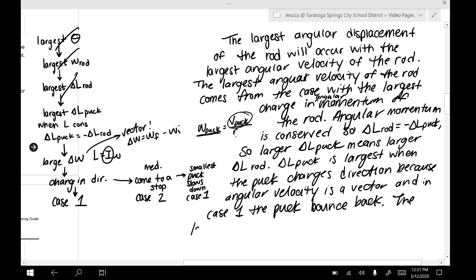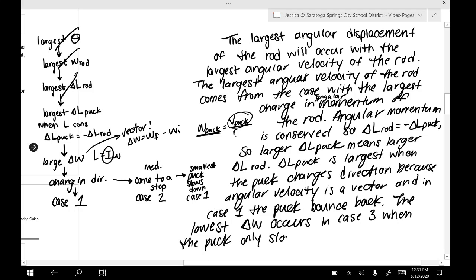The lowest change in omega occurs in case 3 when the puck only slows down. Therefore, got to wrap it all up.